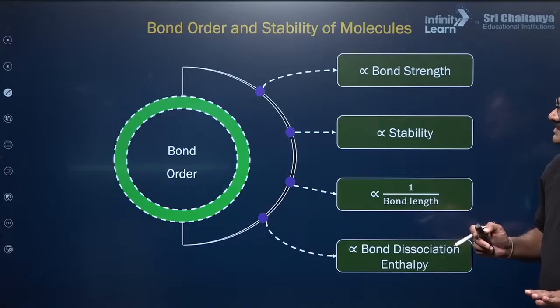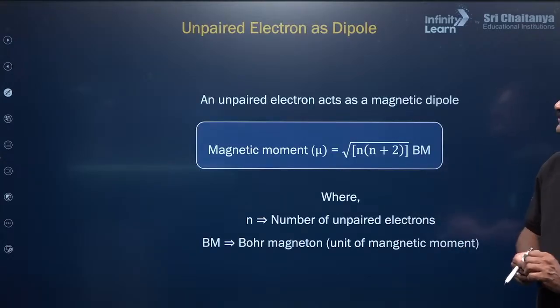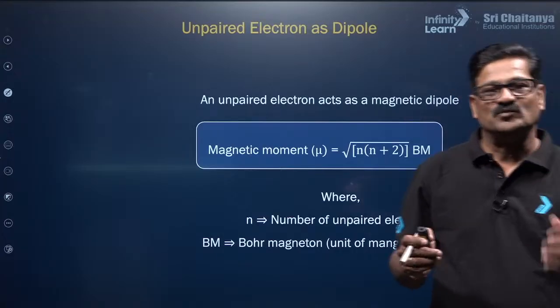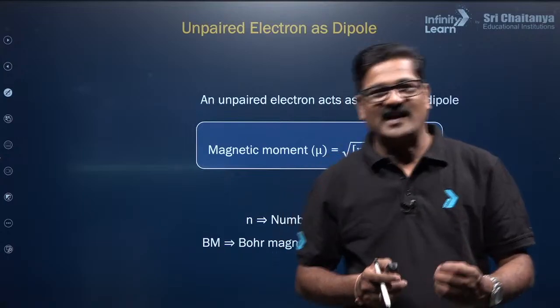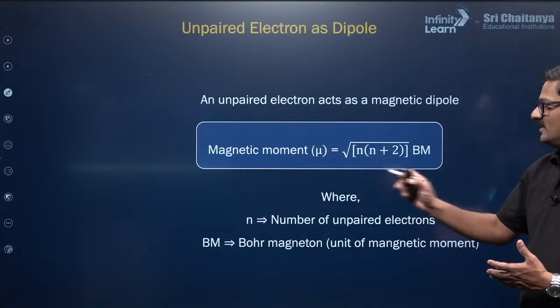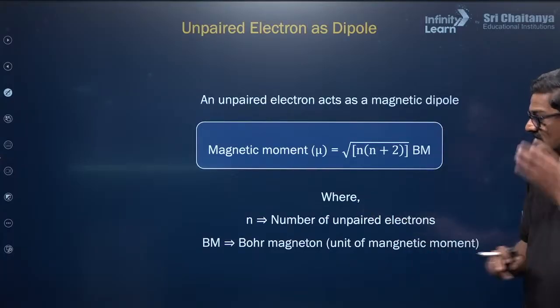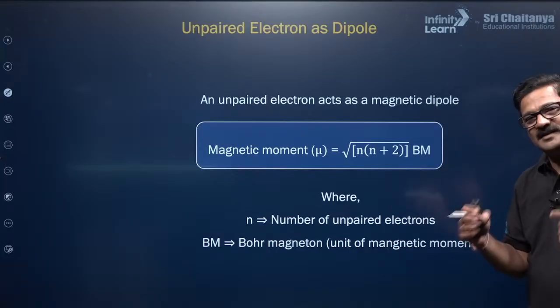I want to say bond order, which we already discussed, and unpaired electrons can give you the picture about the magnetic moment. Magnetic moment is calculated using this formula: mu equals root over n(n+2) Bohr magneton, where n is the number of unpaired electrons, in bonding or antibonding orbitals.